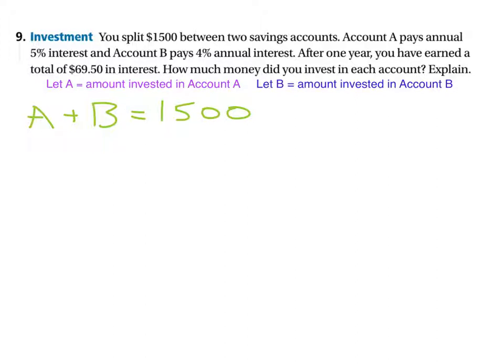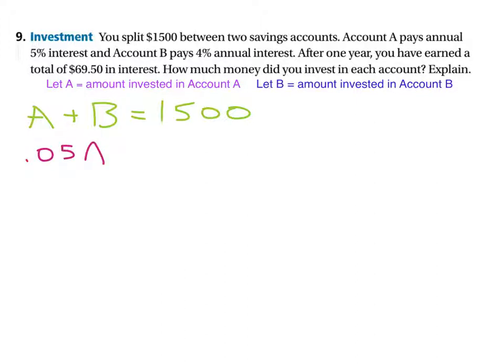Now, if you don't know a lot about interest, what you do is multiply the amount of money invested by the interest rate per year to find your interest in a year. If account A has 5% interest, as a decimal that is 0.05.